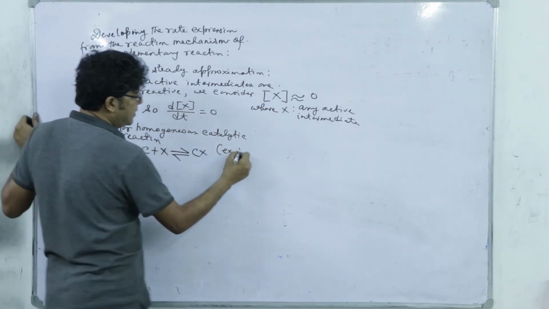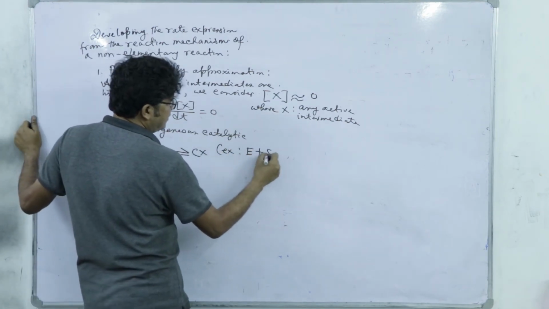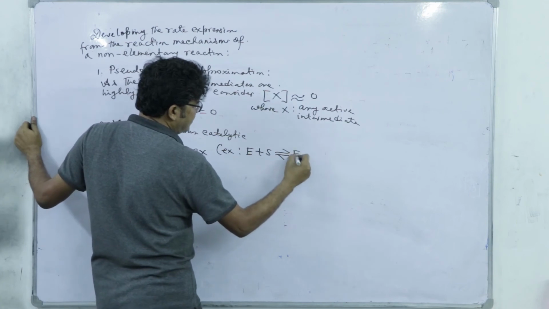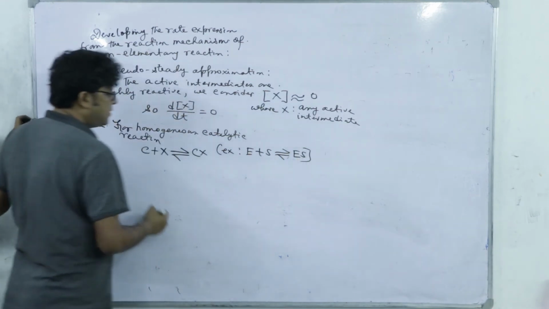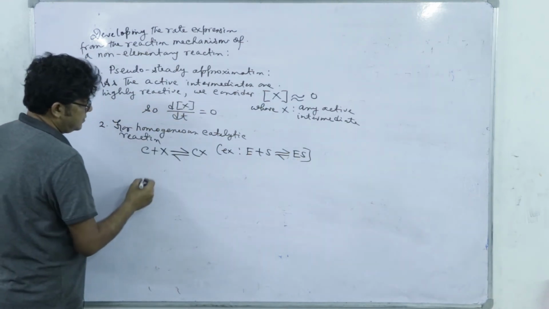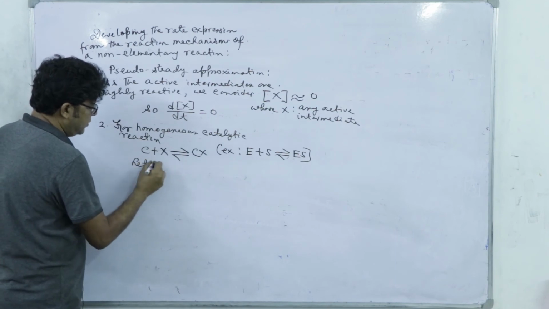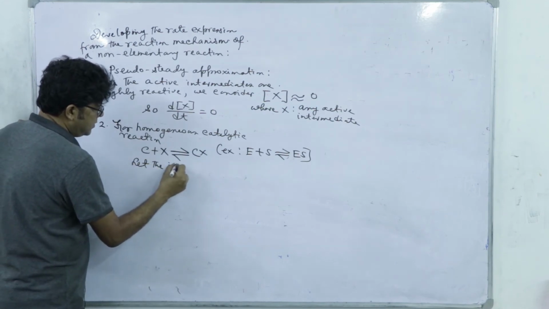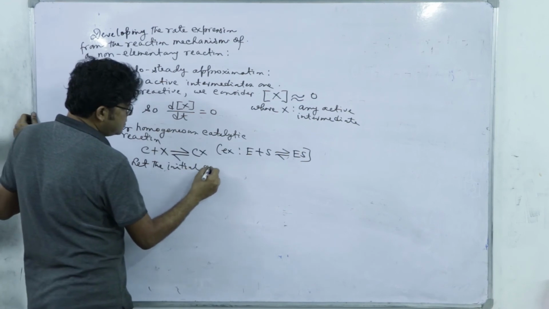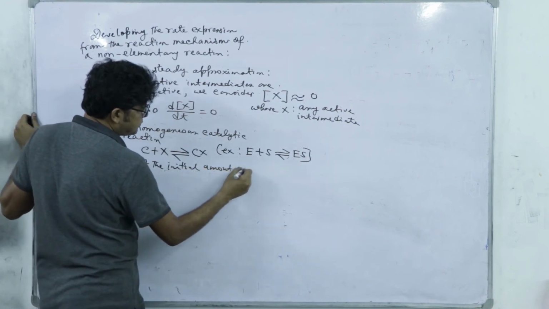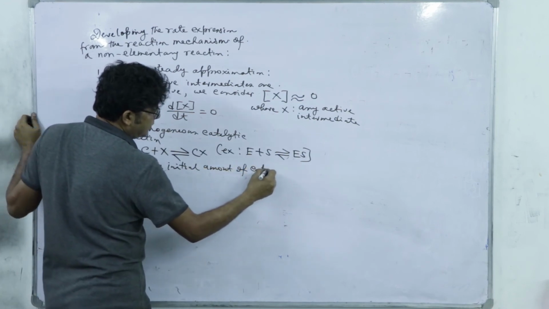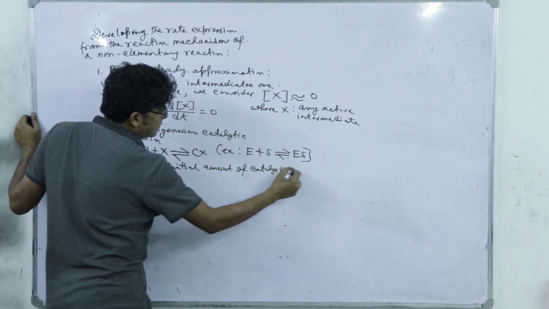Just like example is enzyme plus substrate giving enzyme substrate complex, right. Let the initial amount of catalyst be C naught.